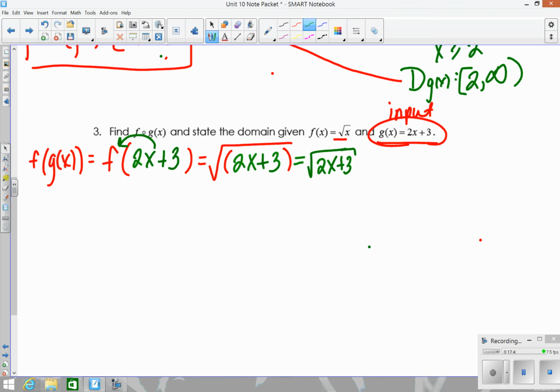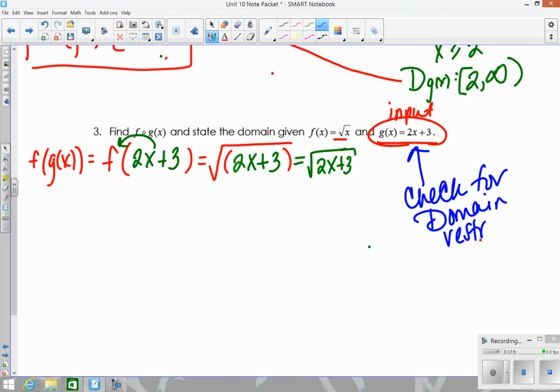So now what we're going to do is look at the domain. So the domain of our input, we always have to check. So check this for domain restrictions. And this function for g of x is actually a line, 2x plus 3, or mx plus b.